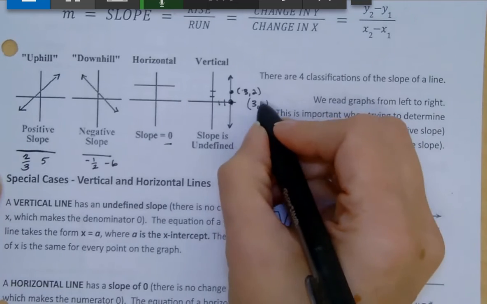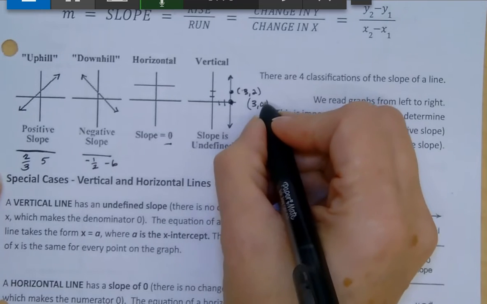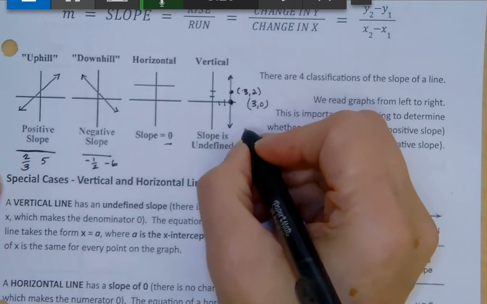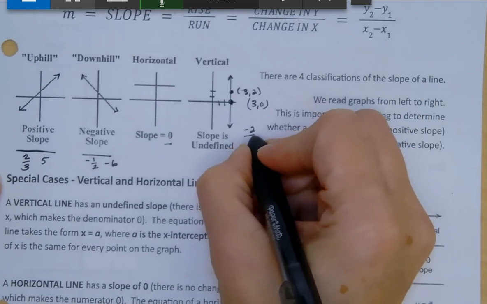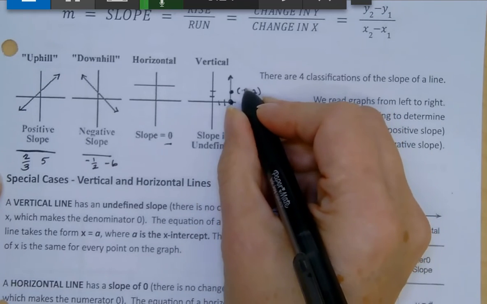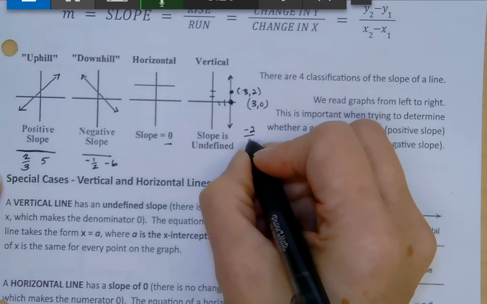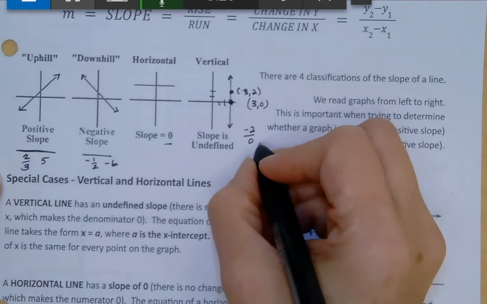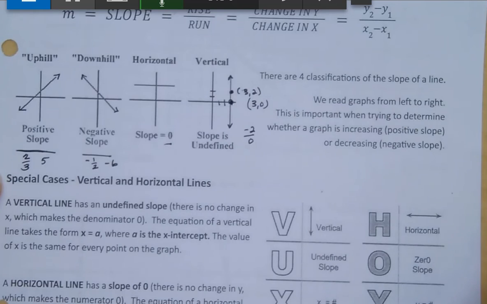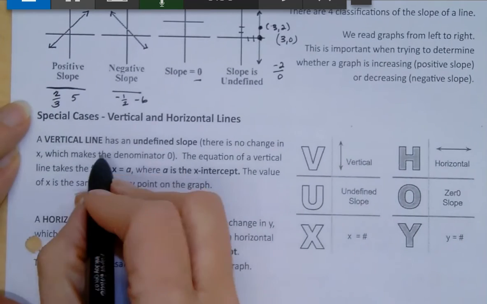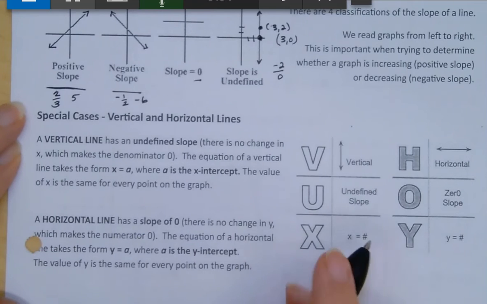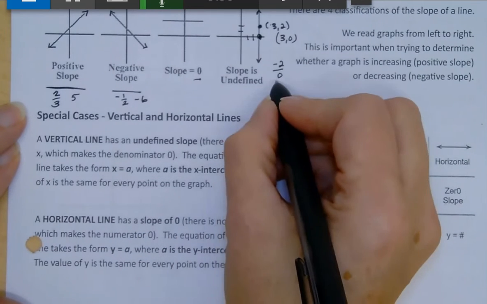If I find that slope, I'm going to say y sub 2 minus y sub 1, that's negative 2, over x sub 2 minus x sub 1, 3 minus 3 is 0. So no matter what I do, I end up with a 0 in the denominator, and so that's why my slope is undefined. A vertical line has an undefined slope because there's no change in x, which makes the denominator 0.